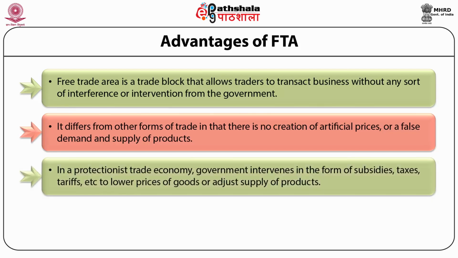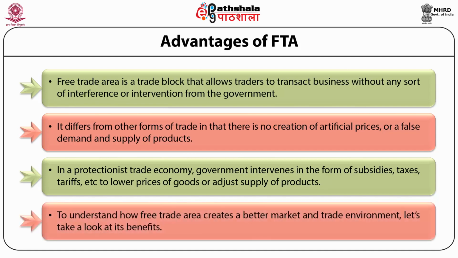In a protectionist trade economy, government intervenes in the form of subsidies, taxes, tariffs, etc. to lower prices of goods or adjust supply of products. Free trade area overcomes all this and gives a true picture of the actual demand and supply.